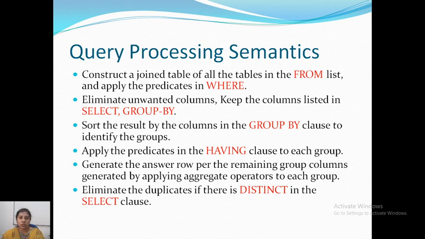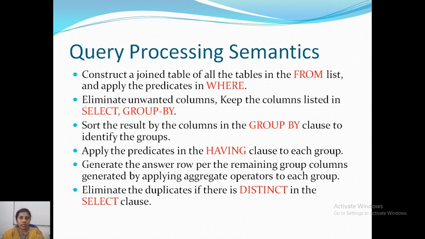If you have explicitly used a join on some condition, then it will take the join table, otherwise it will take the Cartesian product. Then it will go to the where clause. Suppose you have some conditions, then based on that condition it will take the tuples.